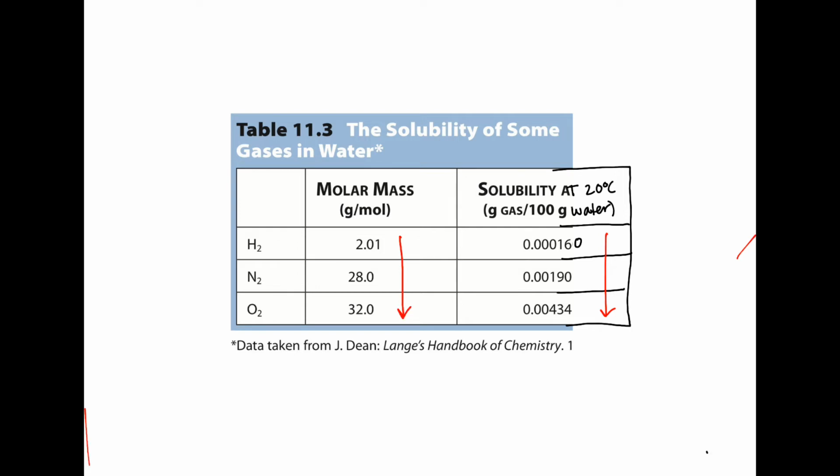So what this is telling us is that the higher molar mass means more electrons, and more electrons means more polarizable, which means a stronger induced dipole. And that is why oxygen gas is the most soluble out of these gases, because it has the strongest induced dipole, because it has the most electrons, and it's the most polarizable.